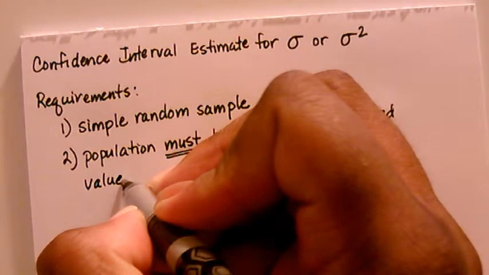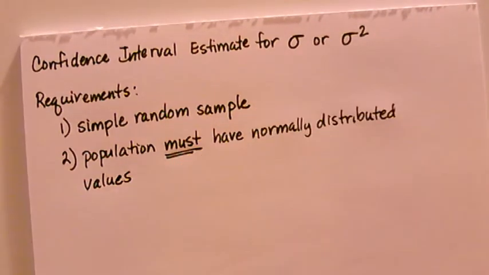Okay, this is a very strict requirement. So that means departures from the normal distribution can result in large errors. It's very strict, and it's very important that the population must have values that are normally distributed. Okay.